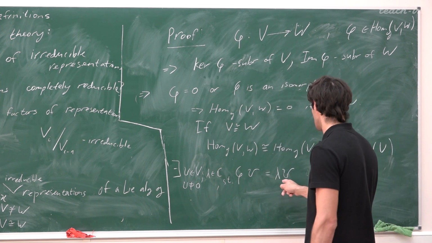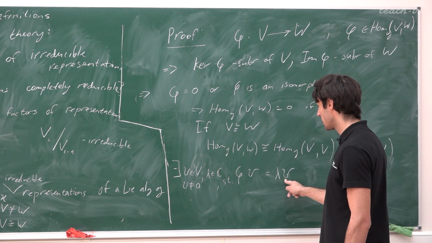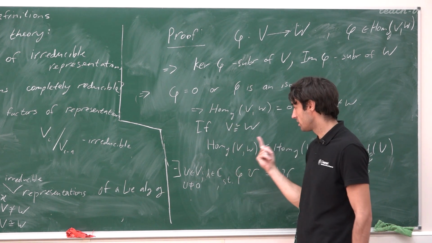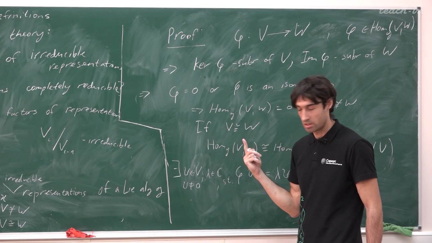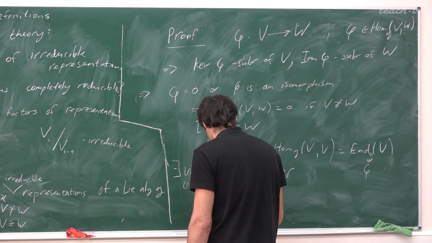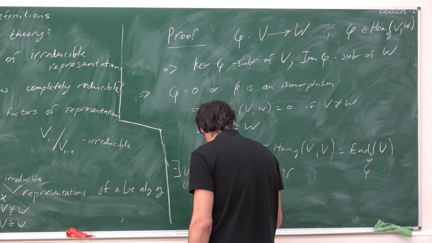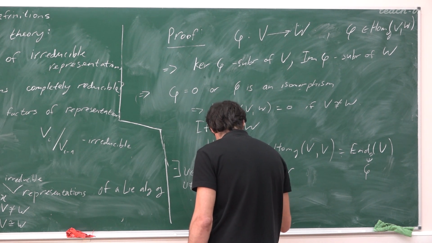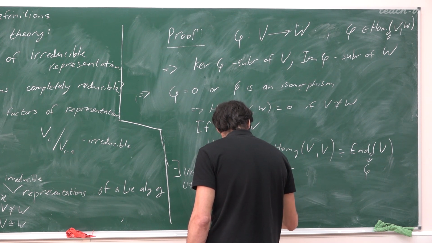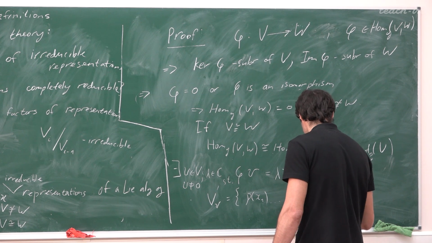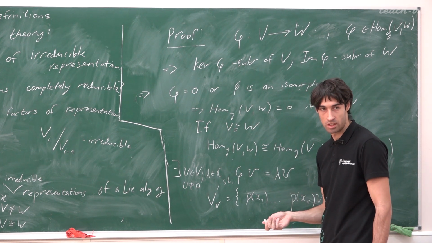But then I can take this vector v and generate everything by an action of my algebra, since V is irreducible. In other words, if I just consider this subspace, it is just rho of x1, rho of xk, all applied to v. That's what I mean by generate.